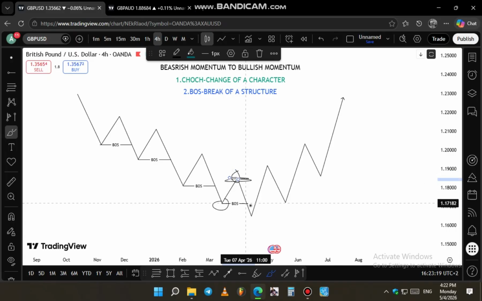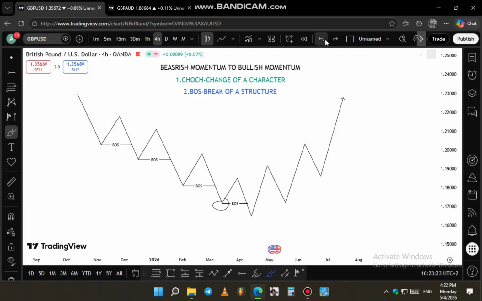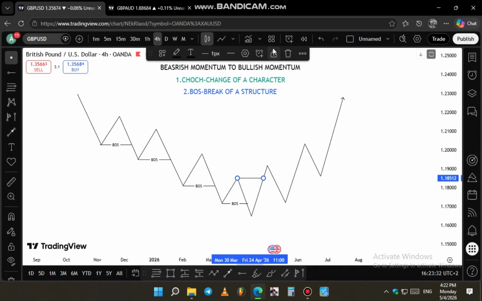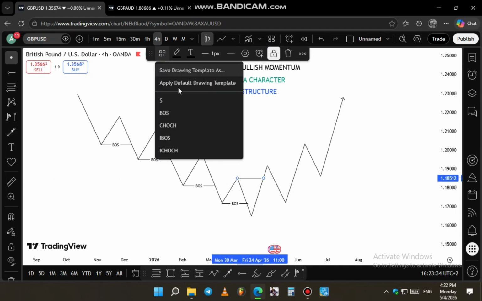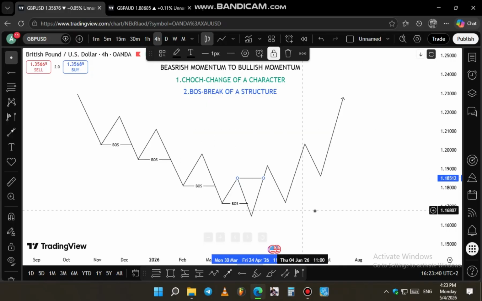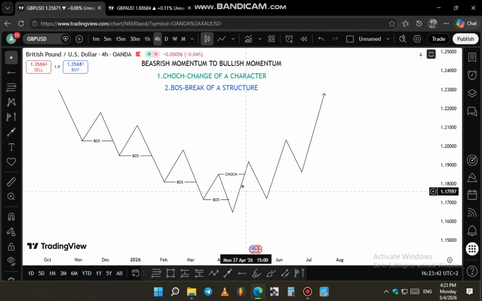You understand? Why? Because if the protected high is violated, it means liquidity is being swept or a change of character. I hope you understand me there. But in this case, it was a change of character.